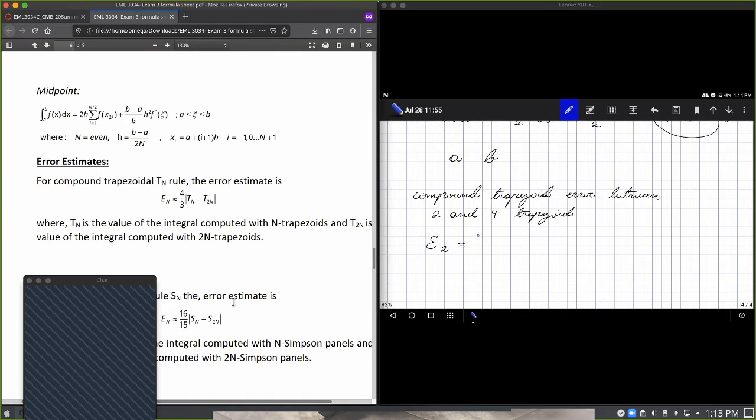It's going to be equal to 4/3 times the absolute value of T2 minus T4 in this case.